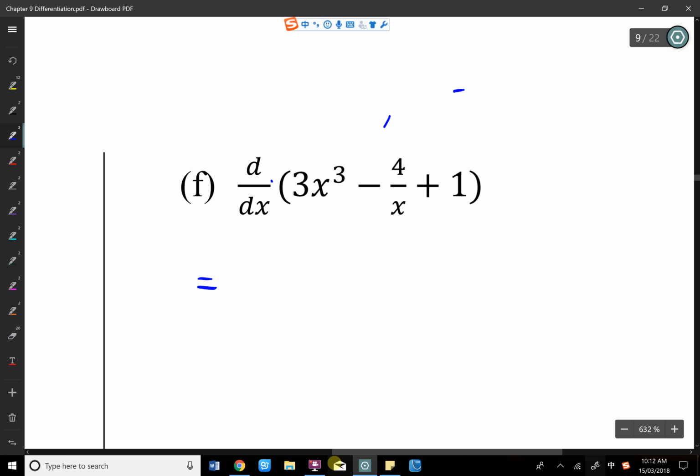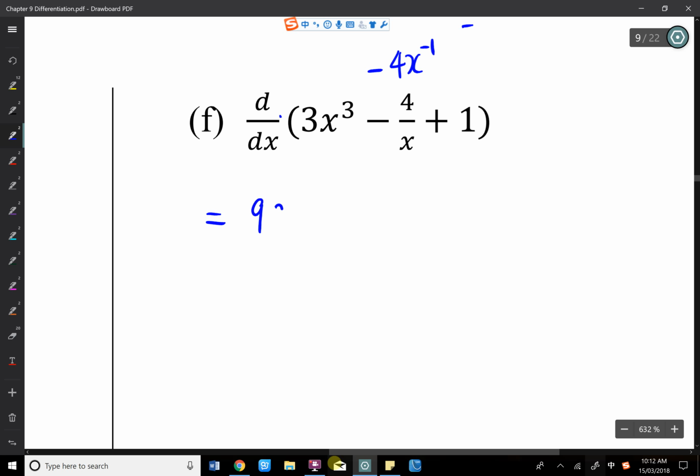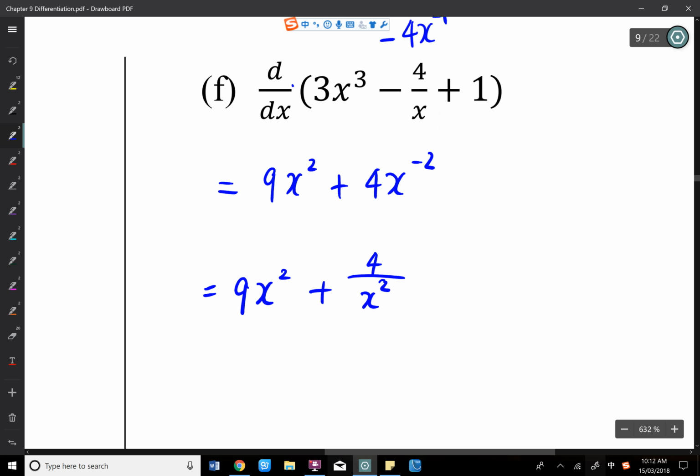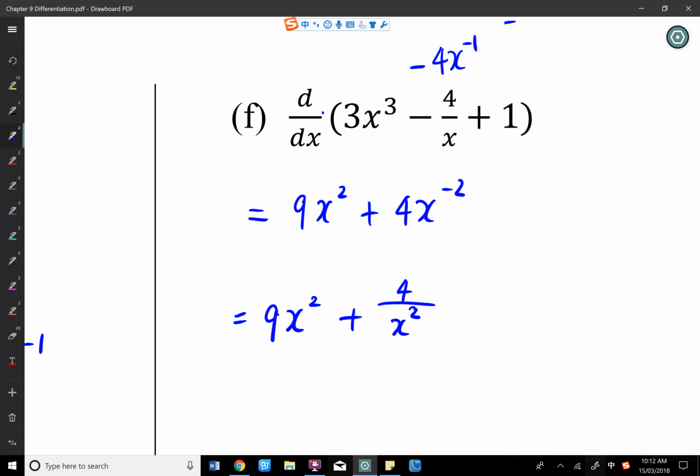We don't want 4 over x, but we want 4 times x to the power of negative 1. So this equals 9x to the power of 2 plus 4x to the power of negative 2. That's 9x to the power of 2 plus 4 over x to the power of 2. Okay, which is easy to derive. I just want you to be familiar with the notation.